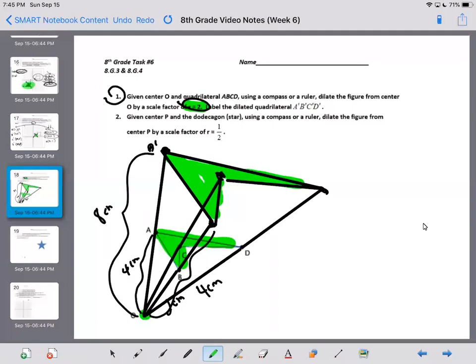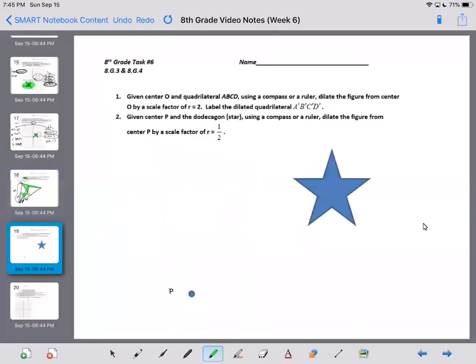Okay, then we're going to look at the next one. So the same task, but we're looking at part 2. And so what that's going to do is that's just going to have a scale factor of 1/2. So what I would ask you to do is take your centimeter ruler and measure from P to each of the vertices of the star.